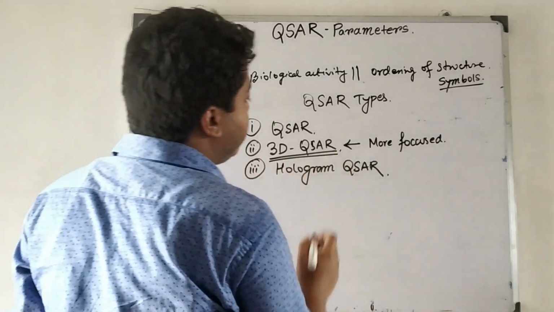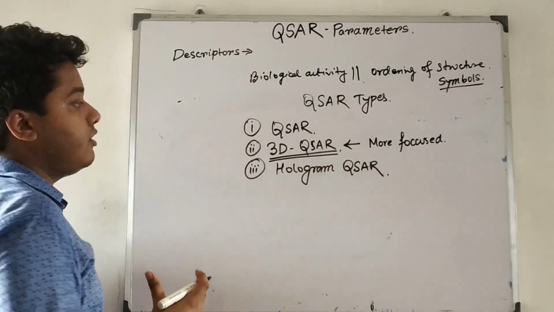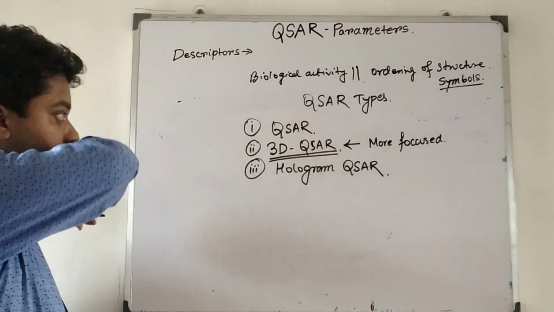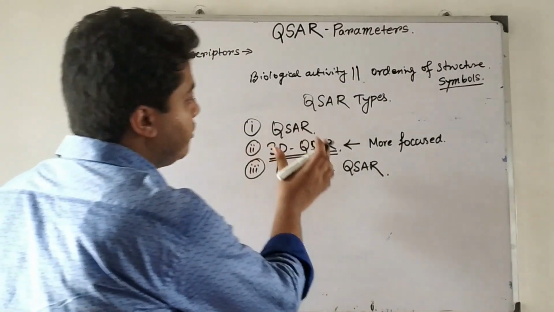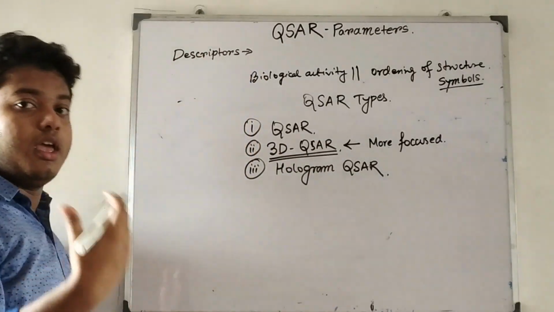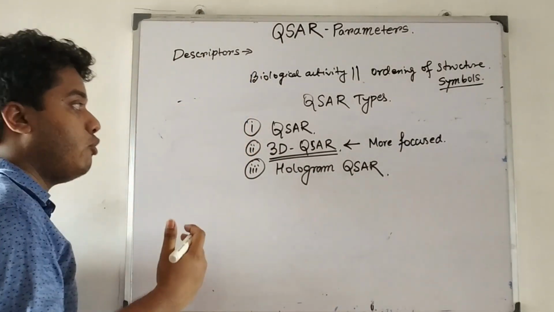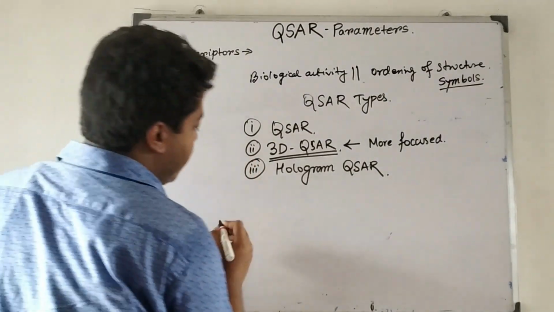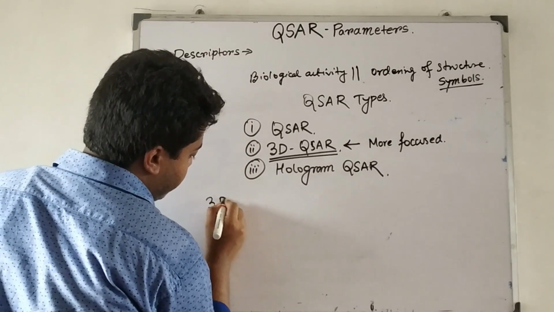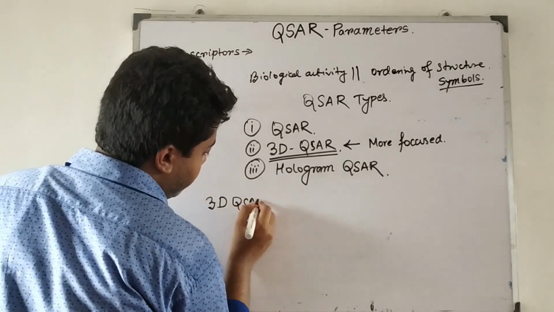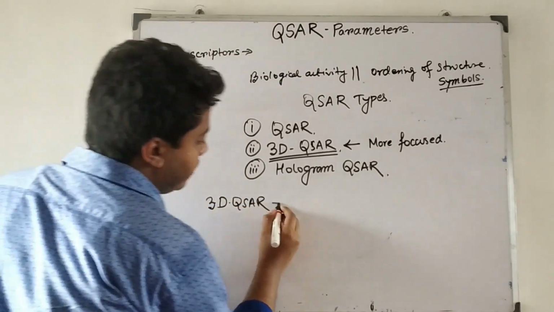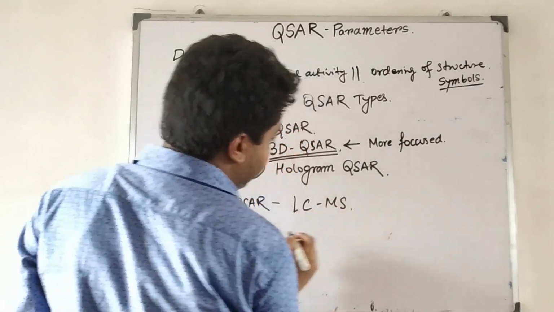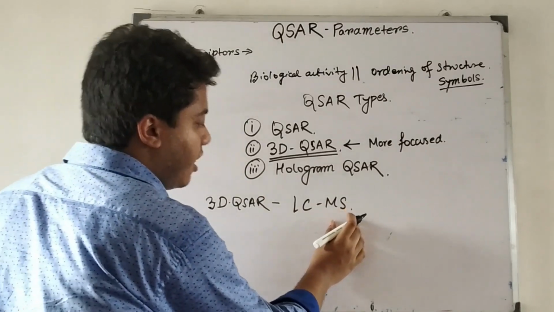And also, 3D QSR is always conjugated with other spectroscopic and chromatographic methods. In conjugation with 3D QSR, they give more empirical results, that means more actual predictive results about the molecules. Such as when we perform 3D QSR, we generally associate it with LCMS, that is liquid chromatography and mass spectroscopy.